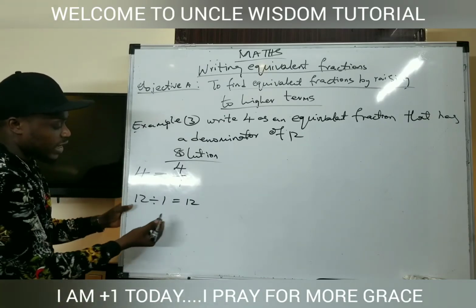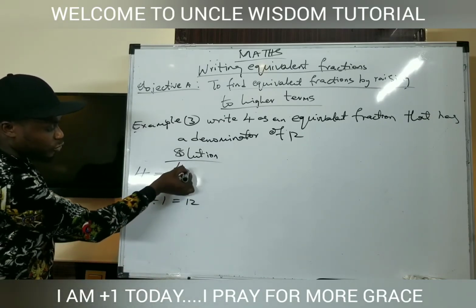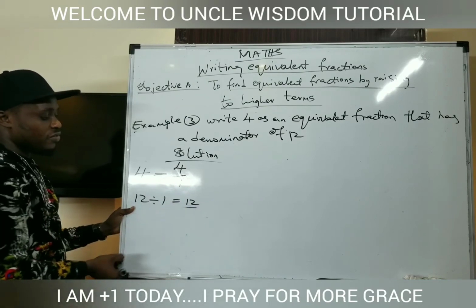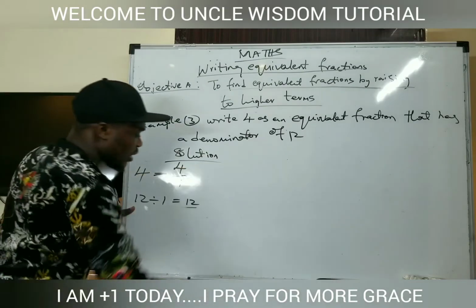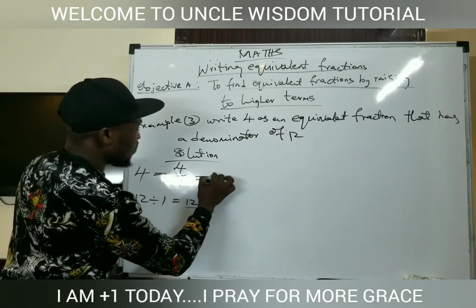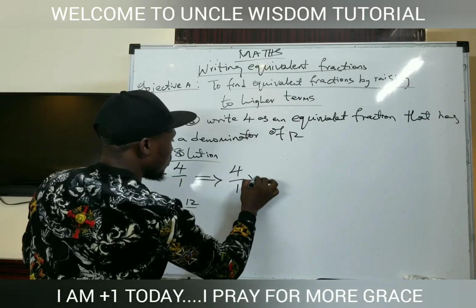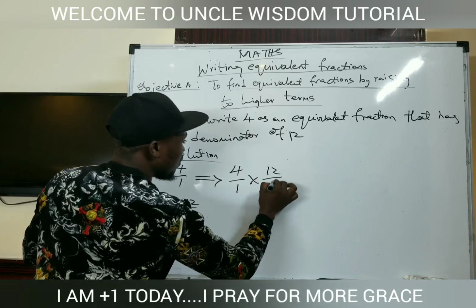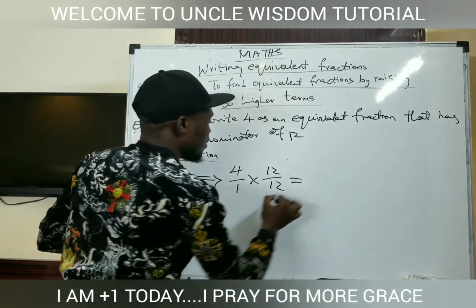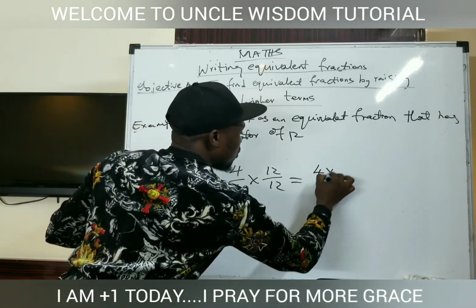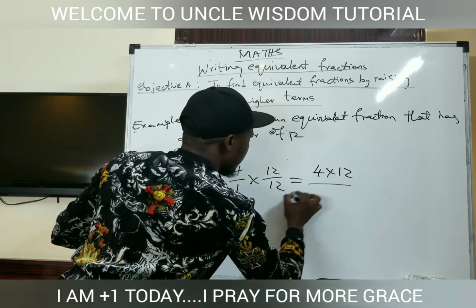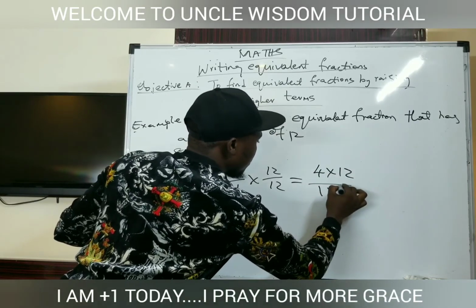Therefore, what we will now do is to multiply both the numerator and the denominator with 12 for us to get the equivalent fraction. This implies that 4 over 1 multiplied by 12 over 12, which is 4 multiplied by 12 over 1 multiplied by 12.